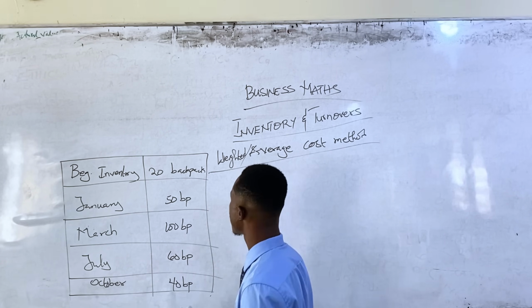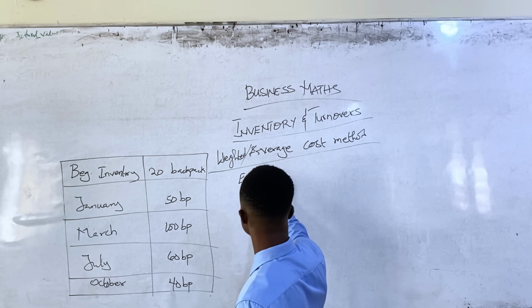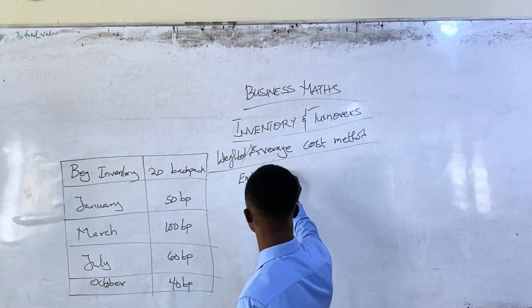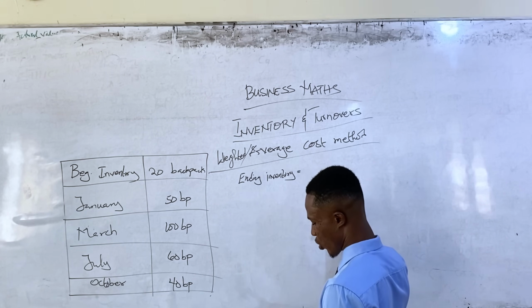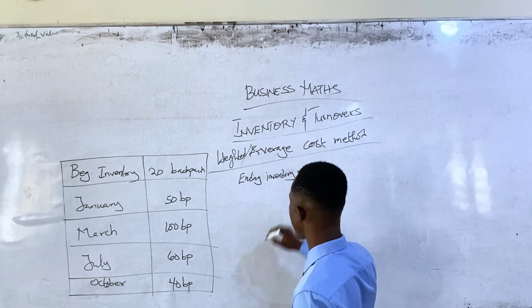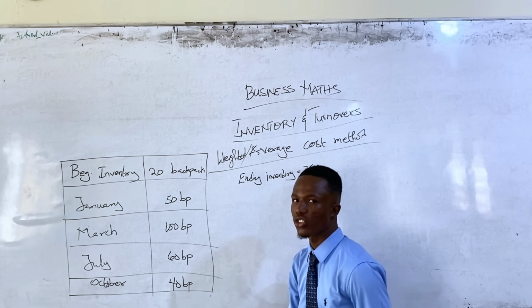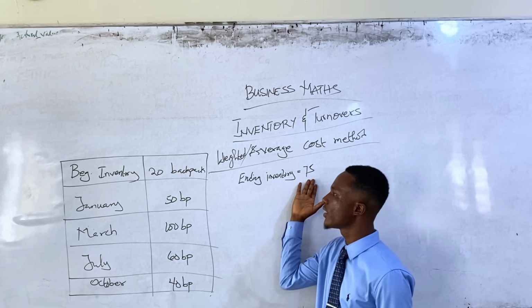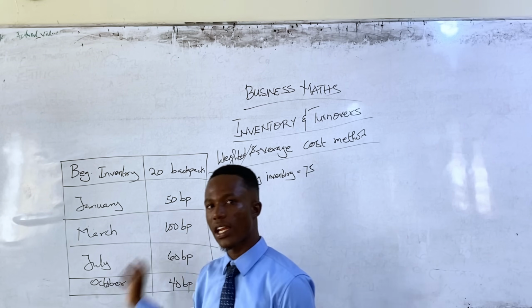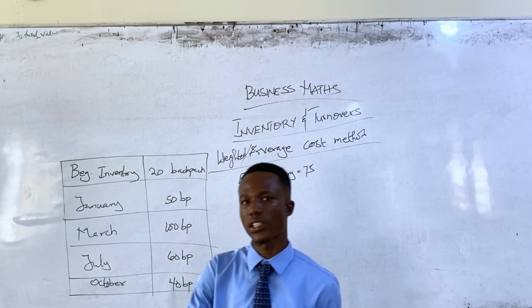Okay, and now they are saying the ending inventory, the inventory left, is equal to what? 75. So it means at the end of the accounting period, at the end of the year, they realize they have 75 items left in their inventory.